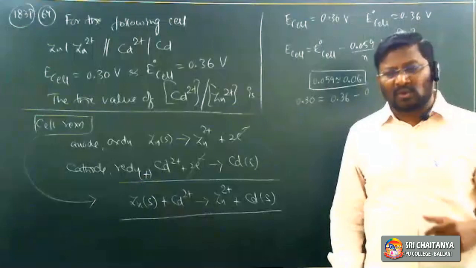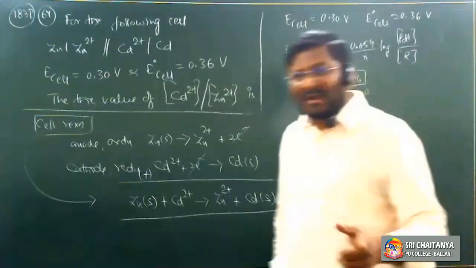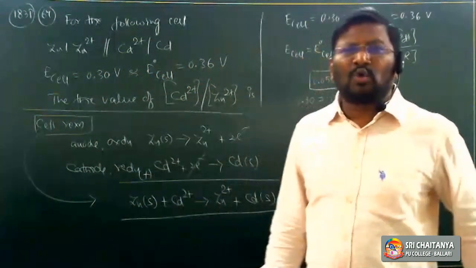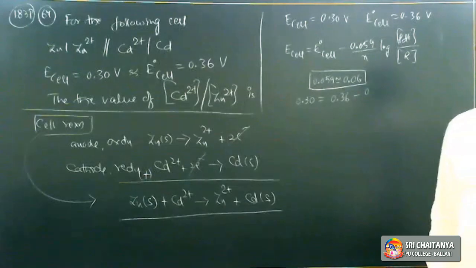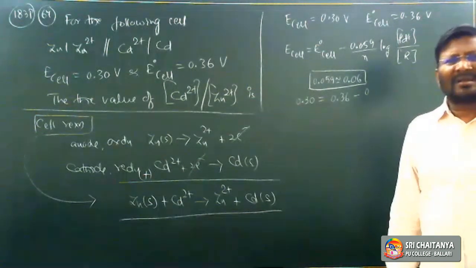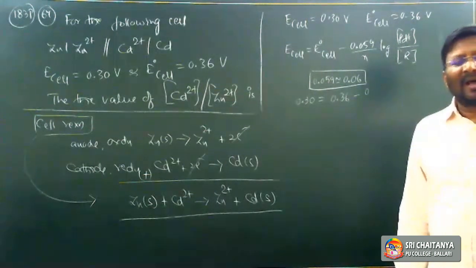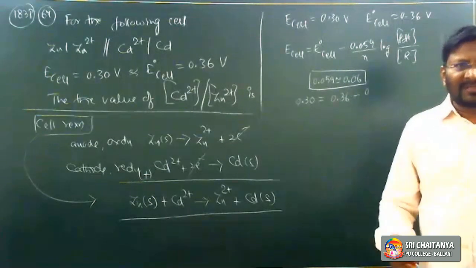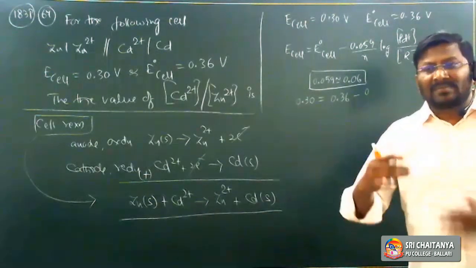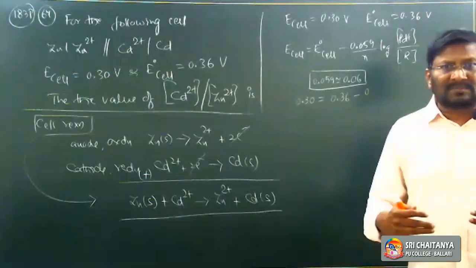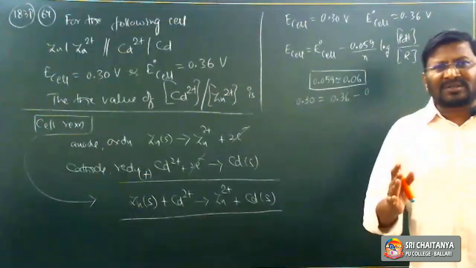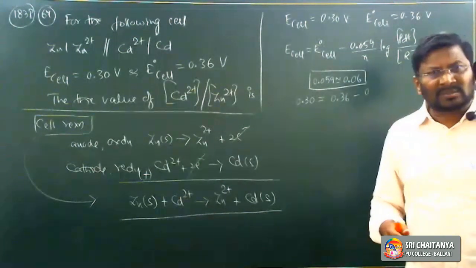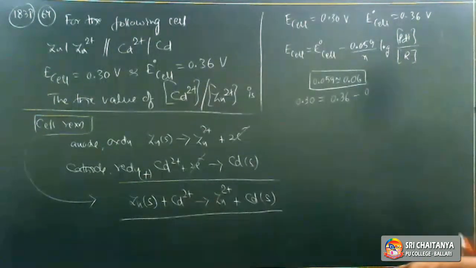Also, for the Faraday, 1 farad means 96,500 coulombs, approximately 1 lakh, so 10 power 5 we take. That means numerical ability, speed and accuracy are most important. You have to save the time there.